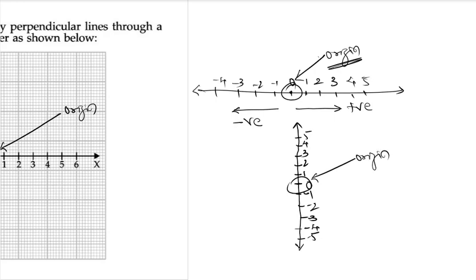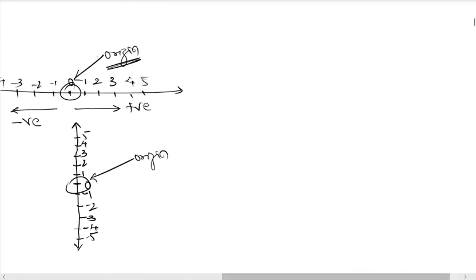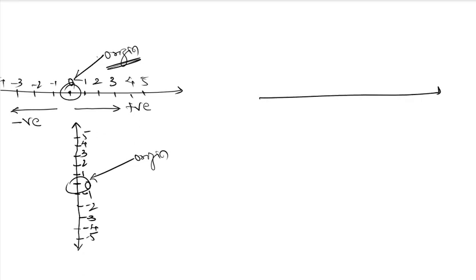Now just do one thing. What we are going to do is we are going to combine these two number lines. So I'm going to draw a horizontal number line and then I'm going to draw a vertical number line. Right? And both of them, they will meet at one point, which is known as the 0. And this 0 is nothing but the origin.